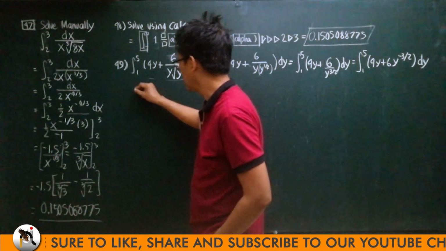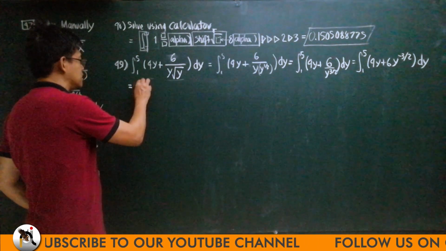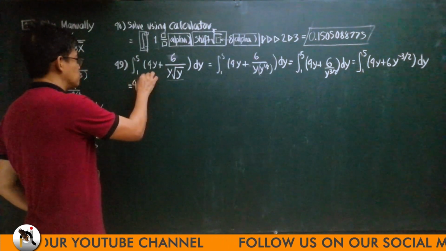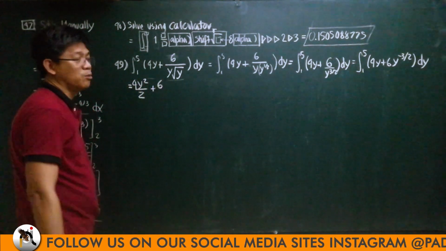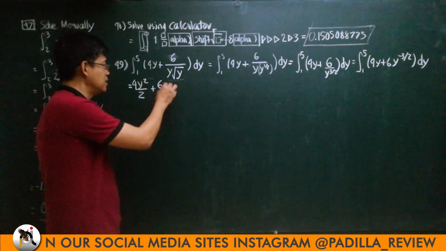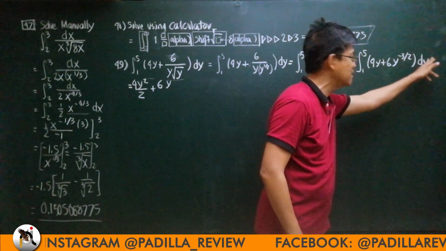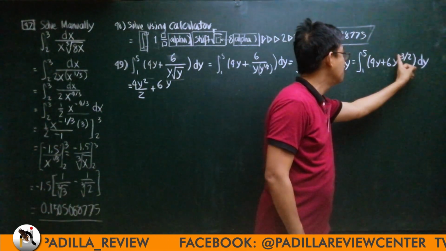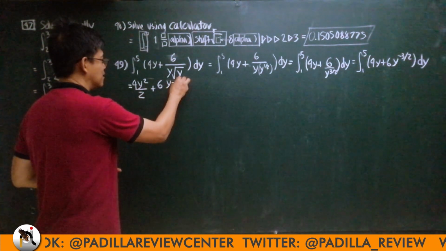Integrating that would be the same as 4 integral of y to the 1 is y to the 2 over 2, plus 6 integral of y to the minus 3/2, that is y to the minus 3/2 plus 1. The mathematical shortcut: minus 3 plus 2 over 2.